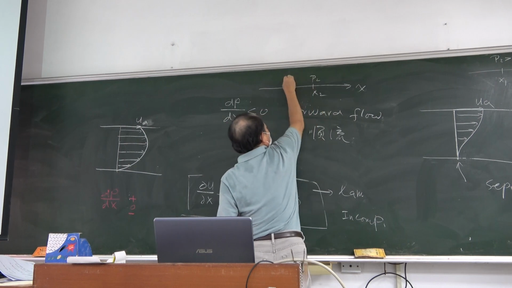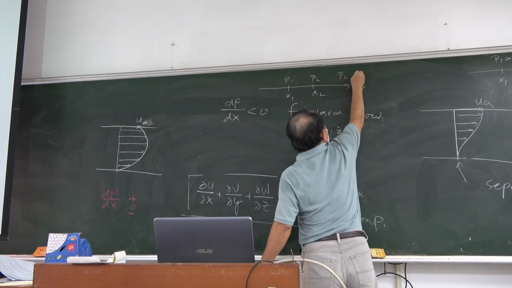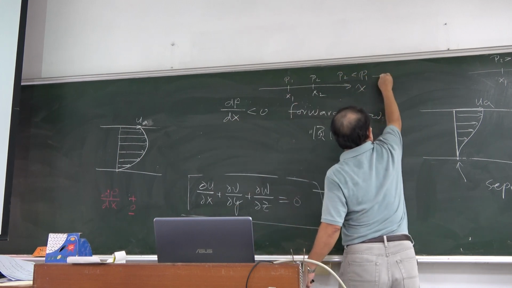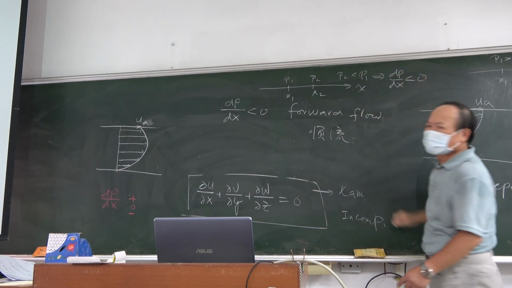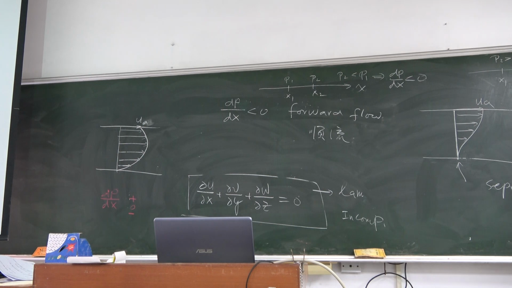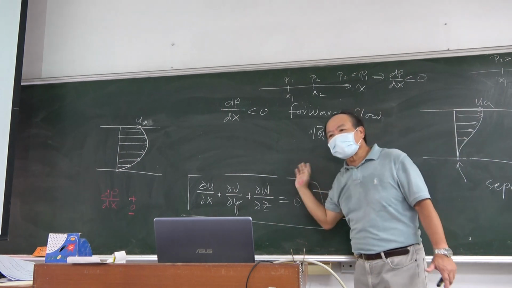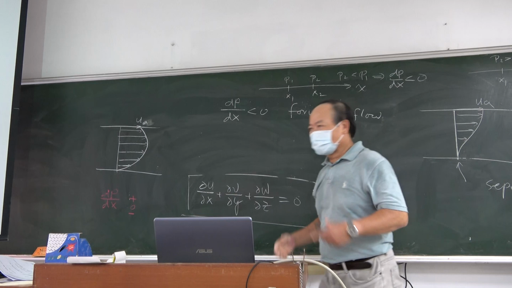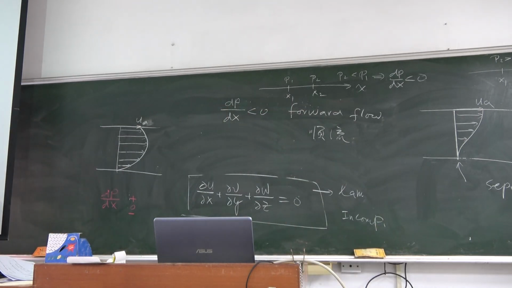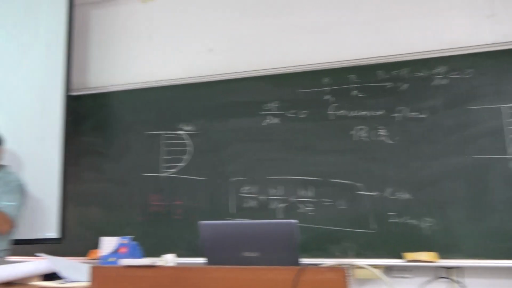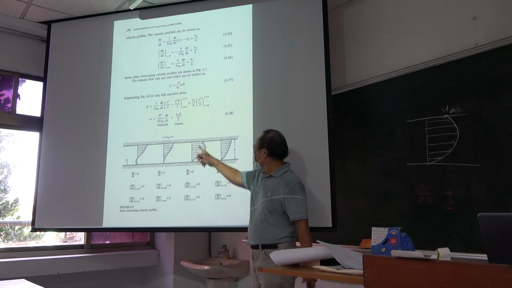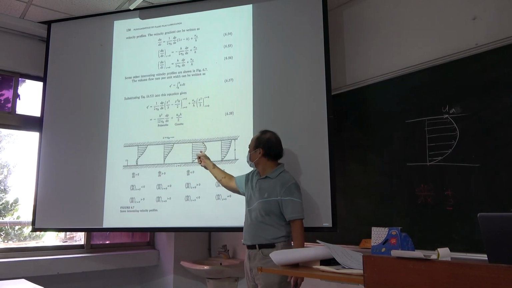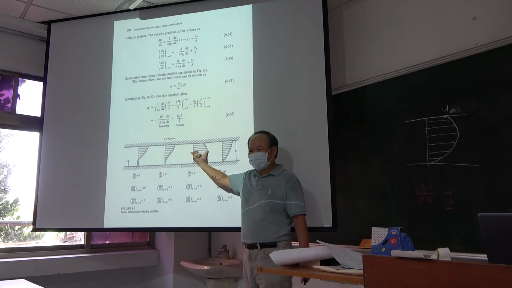P2 is smaller than P1. In this case, dP/dx is a negative value. Here we call it forward flow, and you'll find that the profile becomes more fat. The profile in the middle region becomes large.